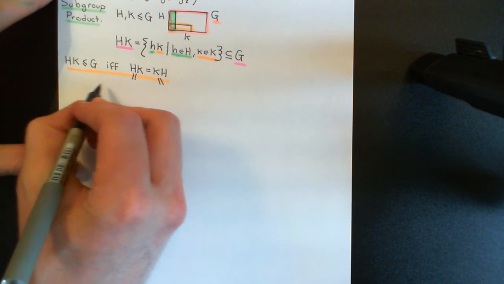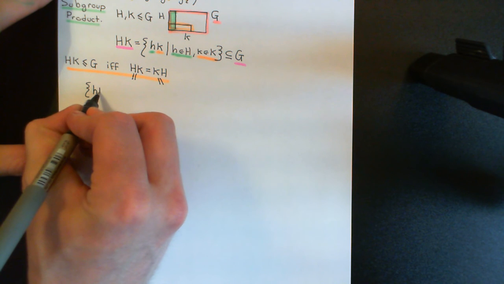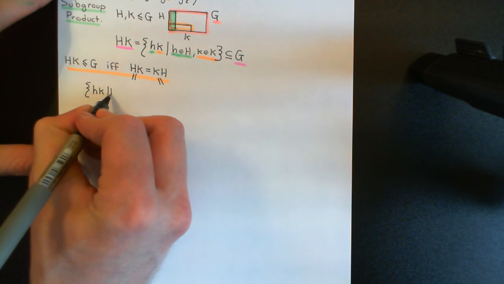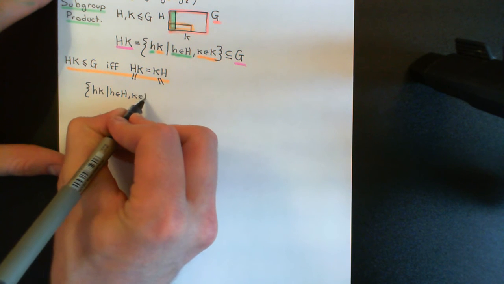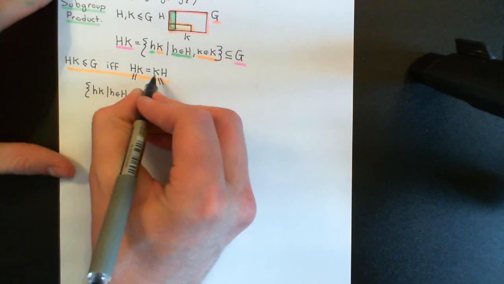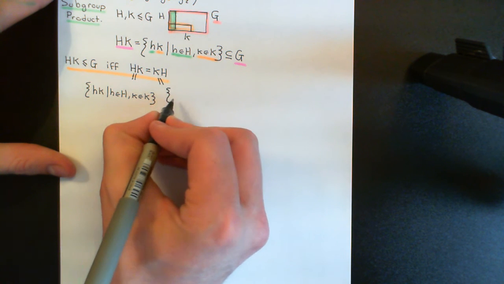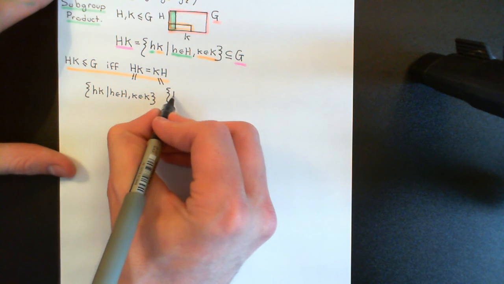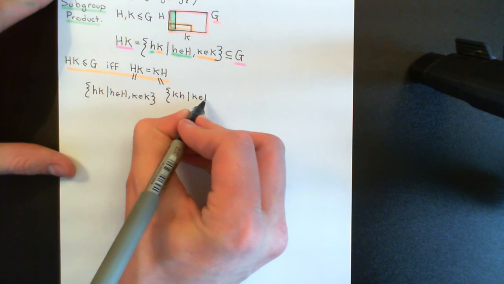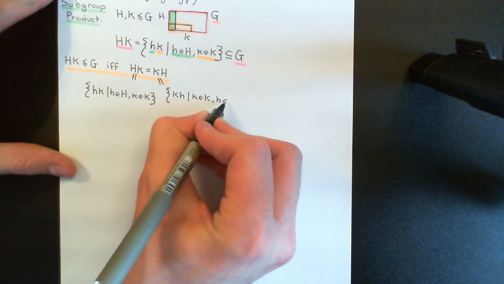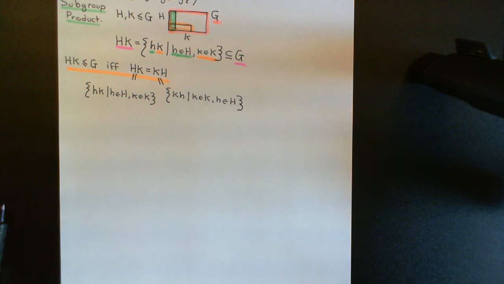The product of H with K is, remember, as we've defined up here, the subset that contains all things of the form little h composed with little k, where little h is an element of capital H and little k is an element of capital K, whereas the product of capital K with capital H is the subset of capital G that consists of all things little k composed with little h, where little k is an element of capital K and little h, of course, is an element of capital H. Now, those two subsets are not necessarily going to be the same thing.